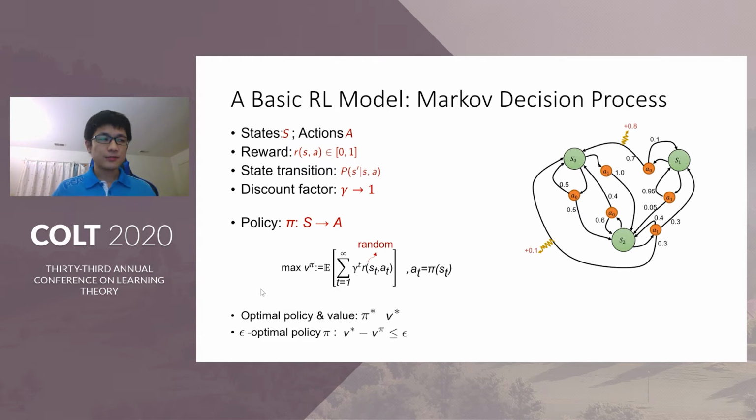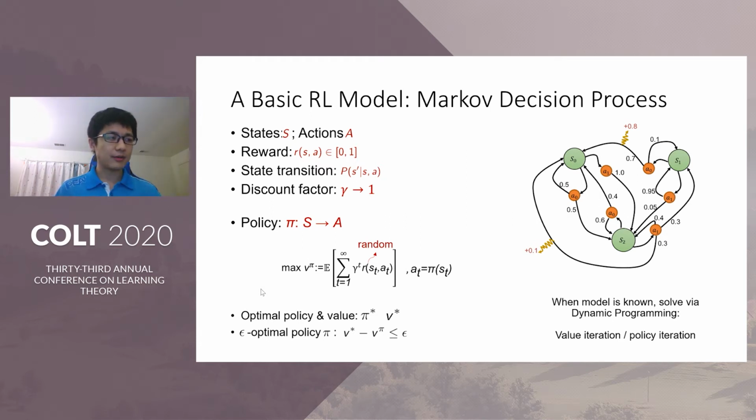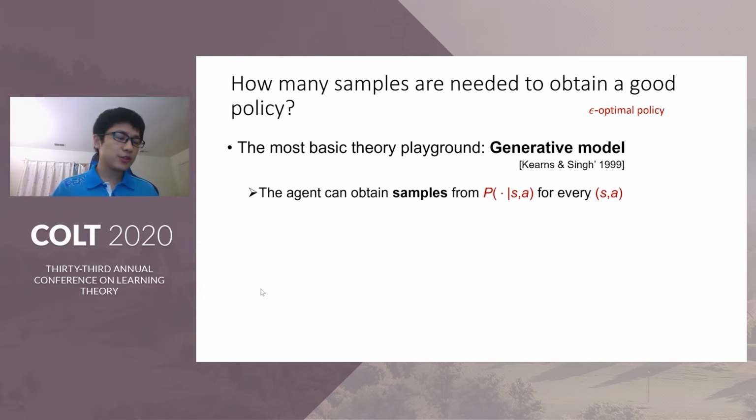If the model is known, you know the probability transition and the reward, the policy can be obtained via dynamic programming methods like value iteration or policy iteration. Unfortunately, in the learning setting, you don't have this model, so you cannot solve this via dynamic programming. So our question becomes how many samples you need in order to get a good policy.